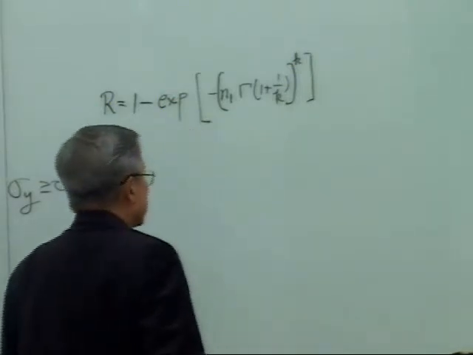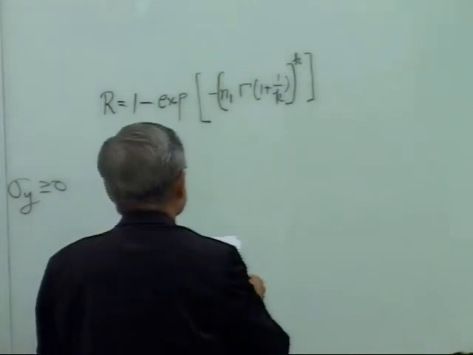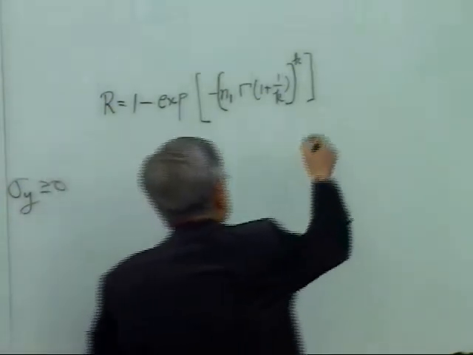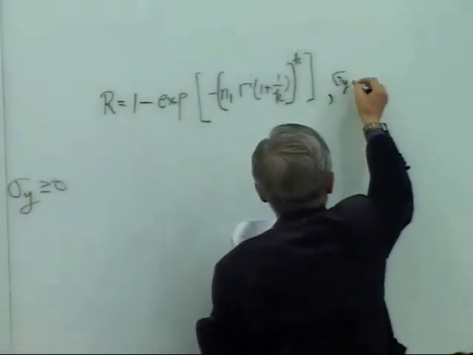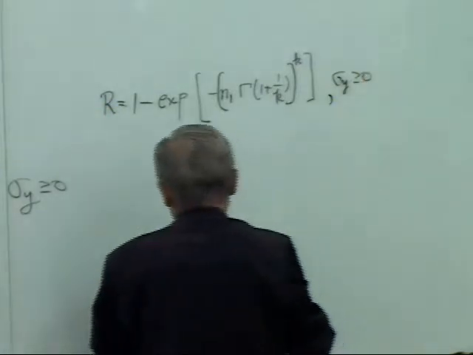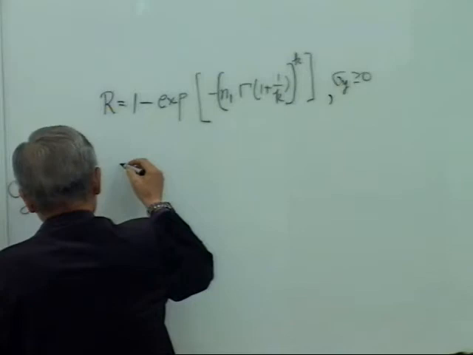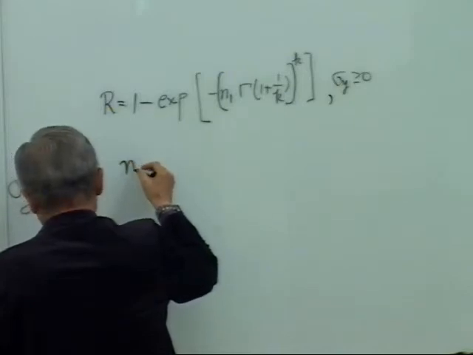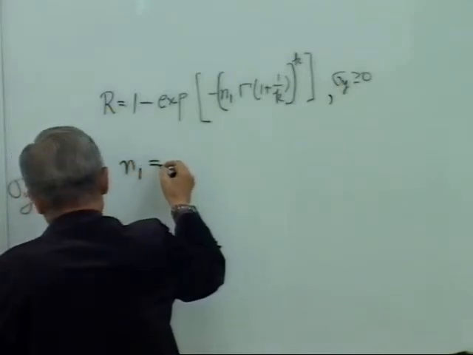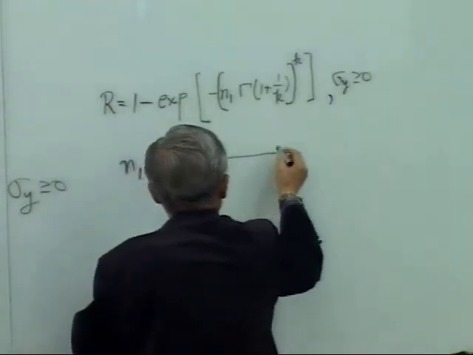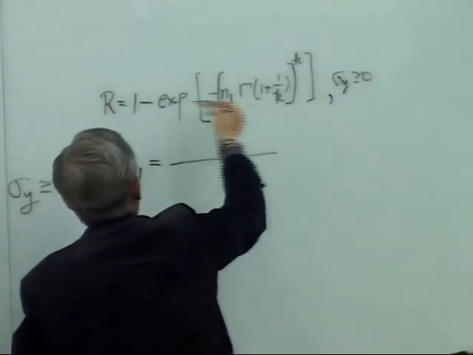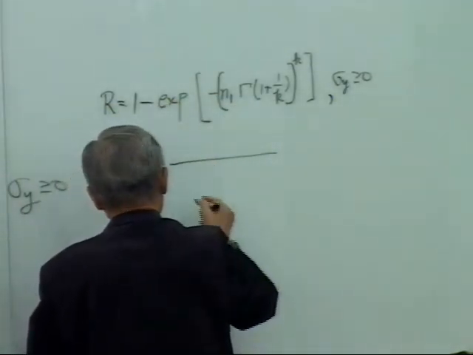Isaac's book, he made a slight mistake. So here, sigma y is z. Then the n1 expression with R: n1 is equal to, you can just manipulate this equation to get that.